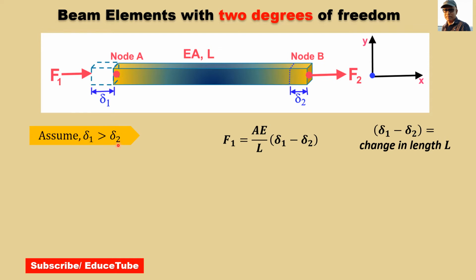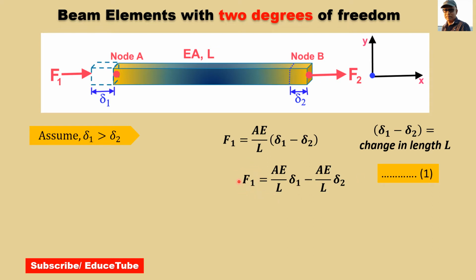We have to assume this. Then only we can write like this. So we got the force and displacement relationship. Now, with more expansion, we can write F1 equal to like this, and I am assuming it is equation number 1.